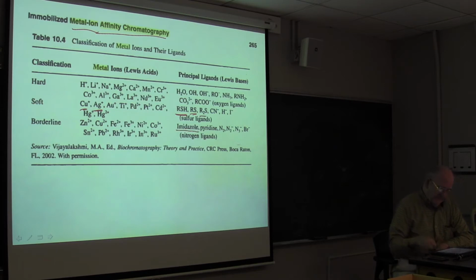If you have a protein with a lot of bases in it, the basic amino acids, the dibasic amino acids and so on, like imidazole, then you want to hang in there with some copper 2, not copper 1, zinc, iron, nickel, cobalt, and it will fish out the proteins that have lots of imidazoles and lots of lysines in them. In fact, in genetic engineering, it's very common to hang on what's called a leader sequence of 4 or 5 histidines, and then fish that protein out of all the others.